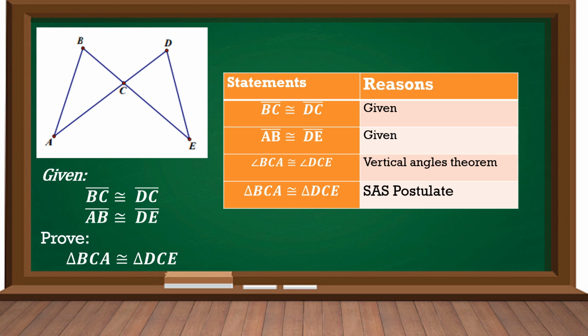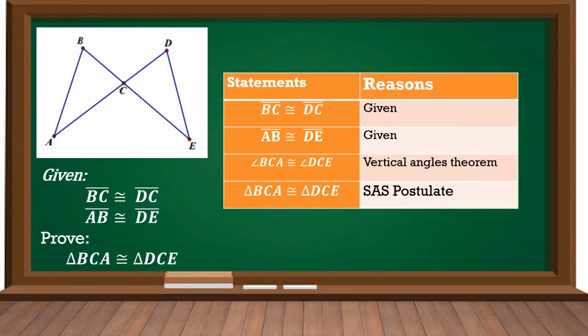We have side BC congruent to side DC, and we also have side AB congruent to side DE. Now, we will prove that triangle BCA and triangle DCE are congruent.